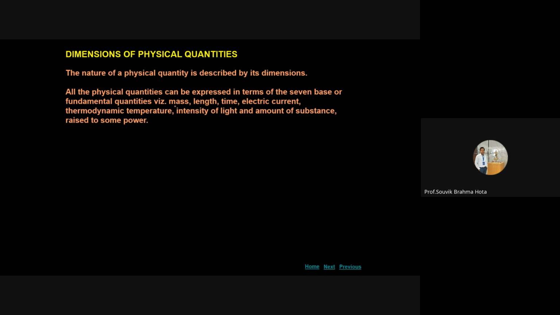Mass, length, time, electric current, thermodynamic temperature, intensity of light, amount of substance. In dimension, for mass we write capital M. For length, capital L. For time, capital T. Electric current is ampere, and thermodynamic temperature is Kelvin. Intensity of light is CD, and amount of substance is mole.